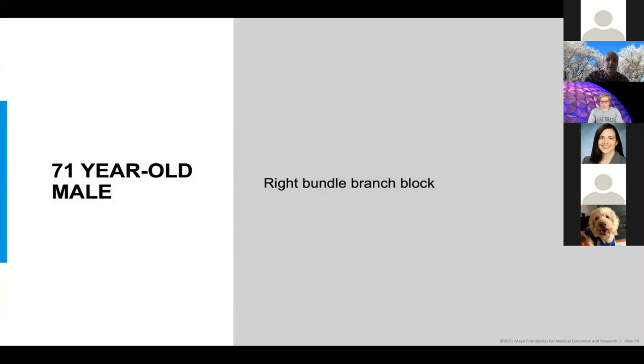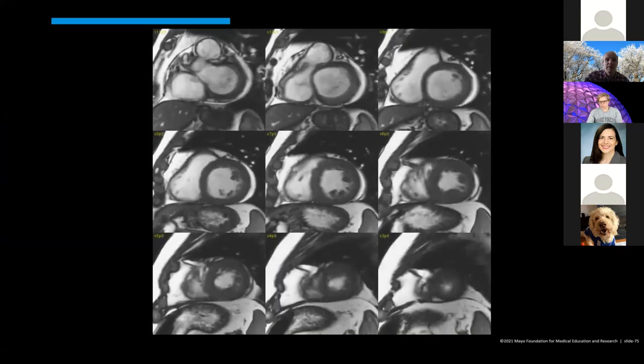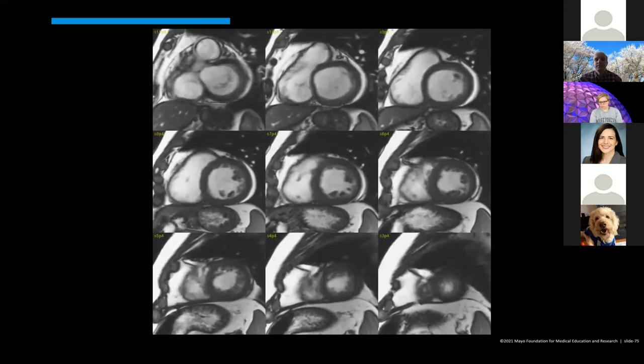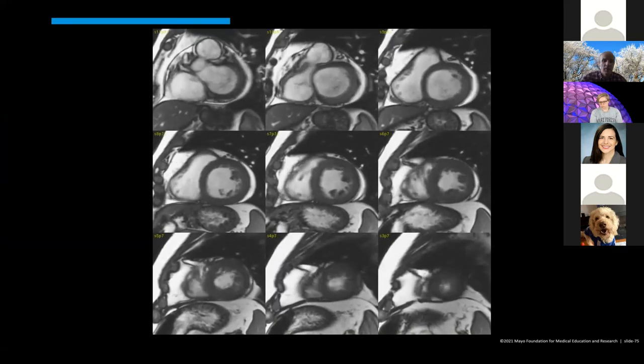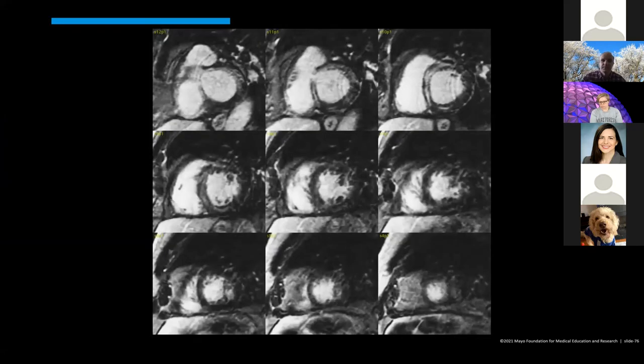This is a 71-year-old who presented with a right bundle branch block. Relatively normal cine images. And these are the late gadolinium enhancement images. Just to remind everyone, normal myocardium will be nulled, so it'll be black, and abnormal myocardium will enhance.